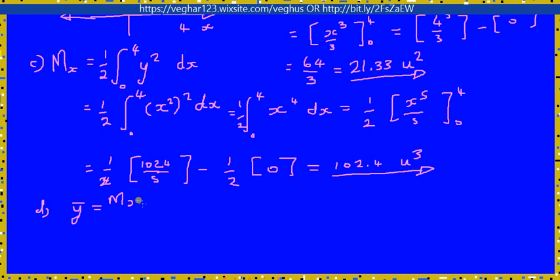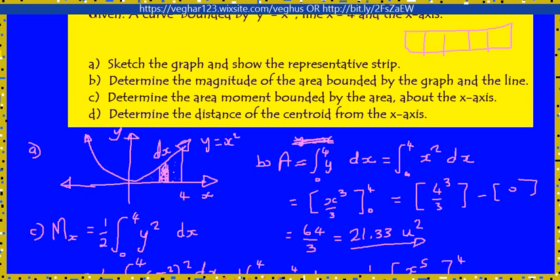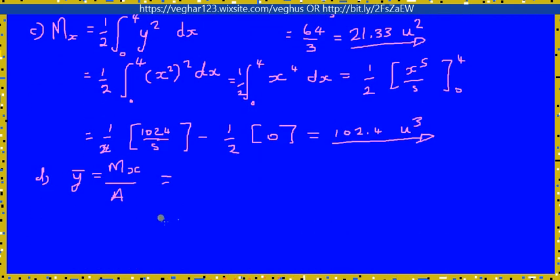The area moment about the x-axis is also divided by A, because we have already got the value of A, which is the area, 21.33, 3 recurring.